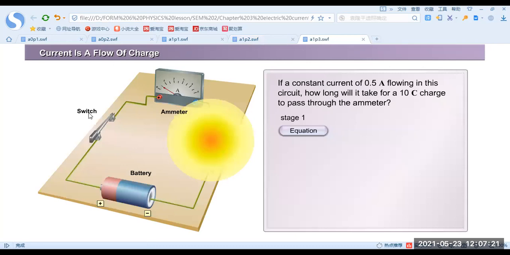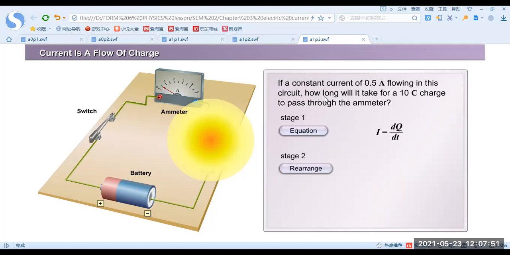Next, let's look at the current again in the circuit. If a constant current of 0.5 ampere flows in the circuit, how long will it take for 10 coulombs of charge to pass through the ammeter? We use I equals dq over dt and rearrange, because we want to find the time.